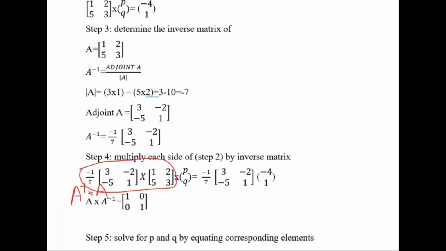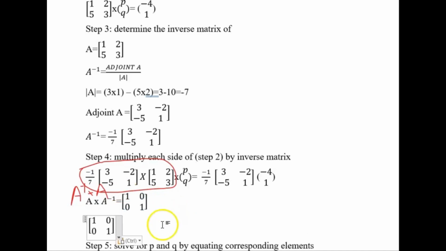So we are done with that. So we'll have 1, 0, 0, 1 times P Q, which is equal to this one, so can you multiply?